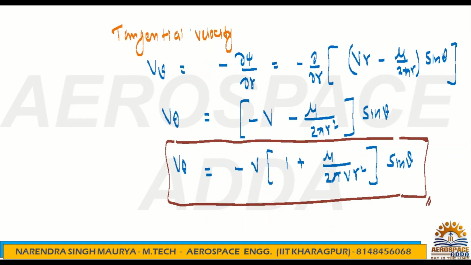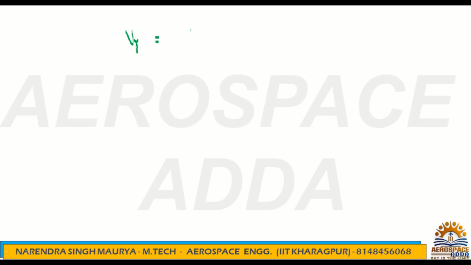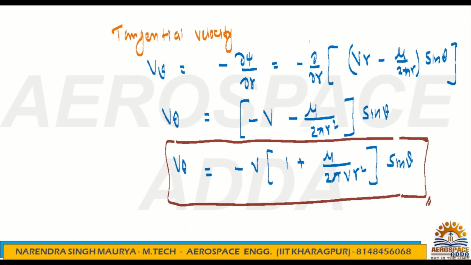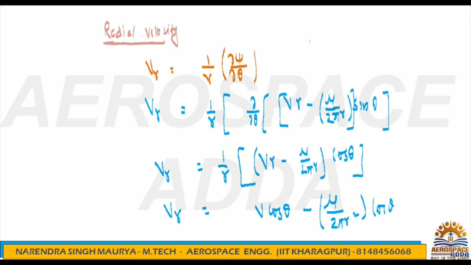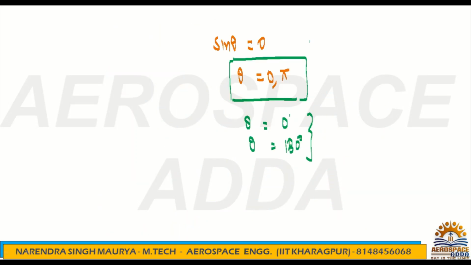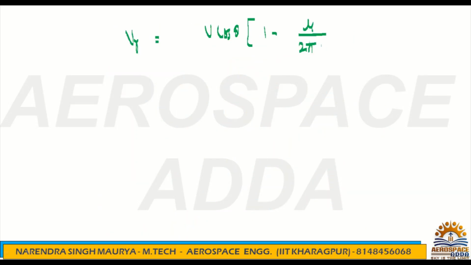So what will you get? v cos theta times 1 minus mu upon 2 pi v r square.